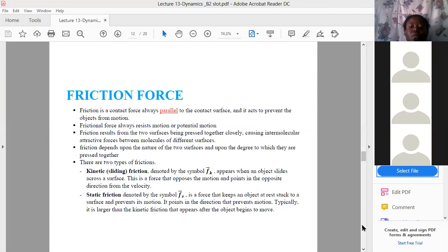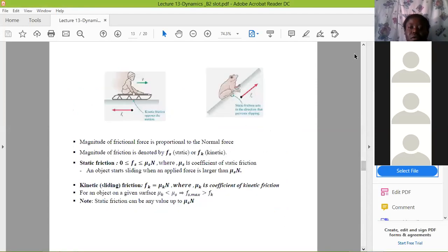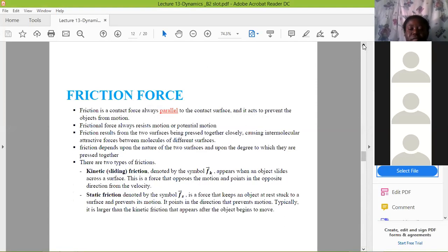Okay, so we have discussed the forces. We said that if a body experiences an external force, then the body is more likely to move. One of the external forces that we are going to discuss today is the frictional force.